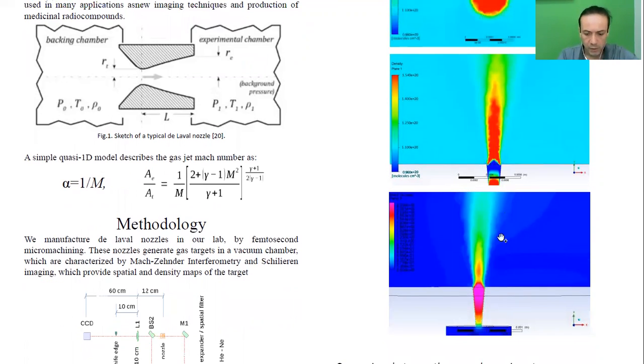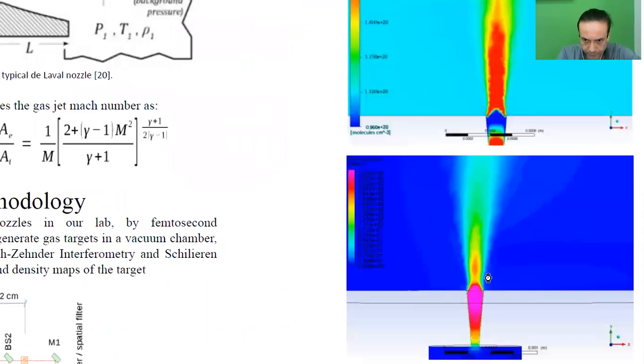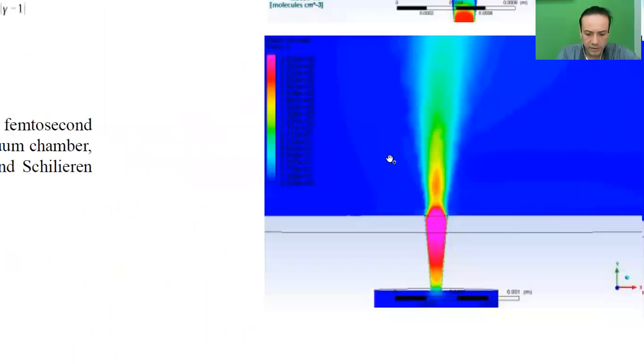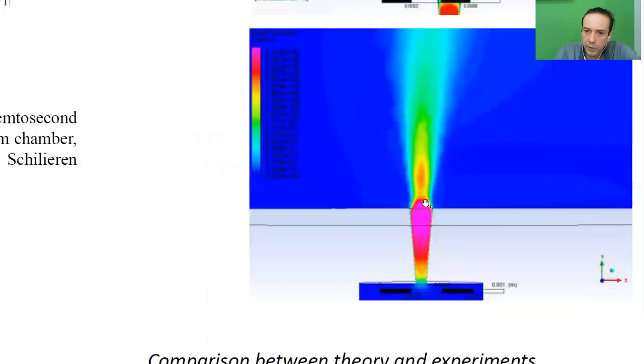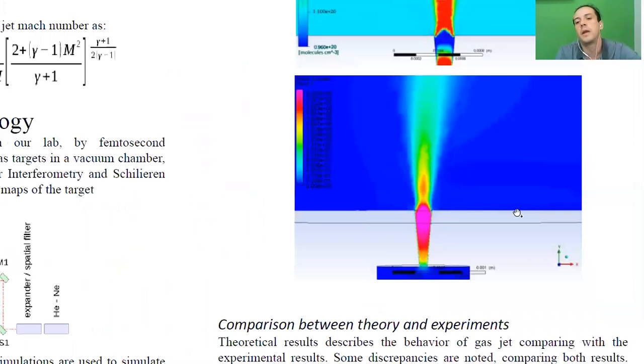In this figure, we have the Mach number distribution, and the maximum value occurs here near the exit of the nozzle, and it's about 2.5.